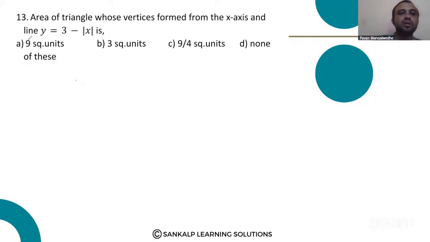The area of a triangle whose vertices are formed from the x-axis.